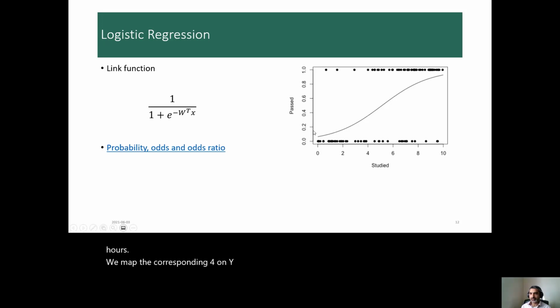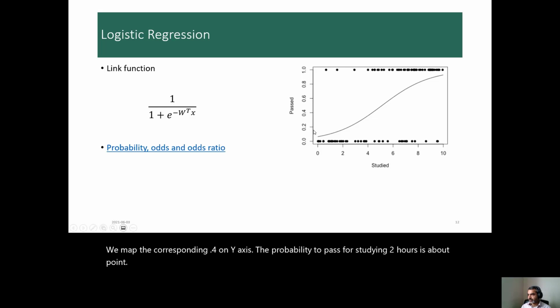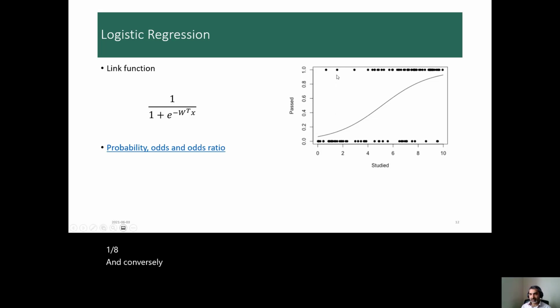The probability to pass for studying 2 hours is about 0.18. And conversely, the probability to fail will be 1 minus 0.18. For this whole continuum, we can get the probability if we do it in this way.